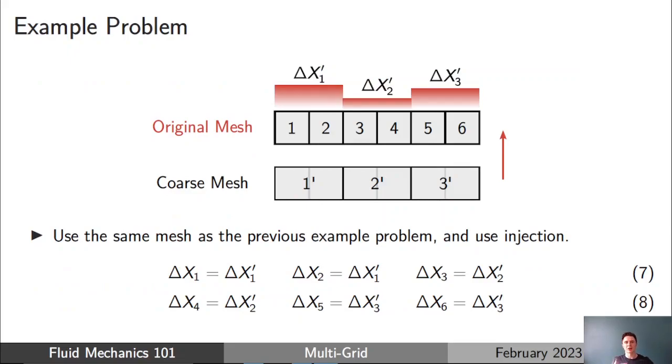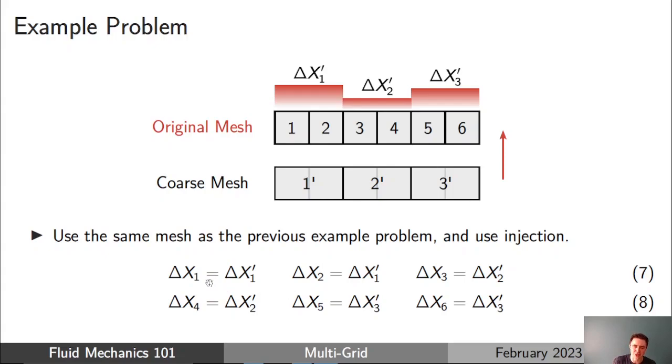So how does this work mathematically, and can we assemble this as a matrix operation in the same way that we have for restriction? Let's use this same example problem. We have delta x1 prime, delta x2 prime and delta x3 prime. We know the correction at the centroid of these three cells, and we want to use prolongation to put it back on the original mesh. Now we can write an equation for what the correction is at the centroid of each of these 6 cells.